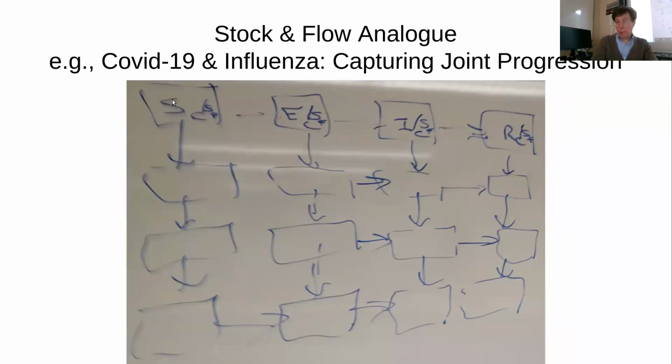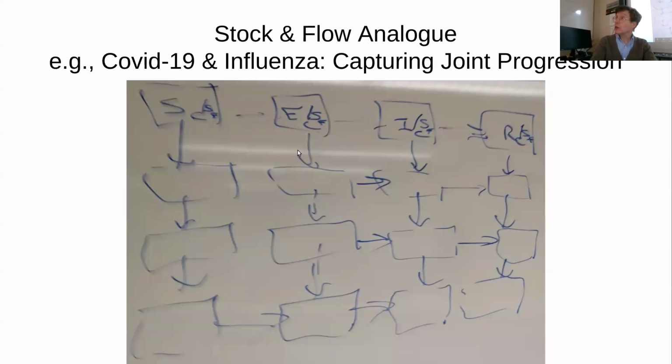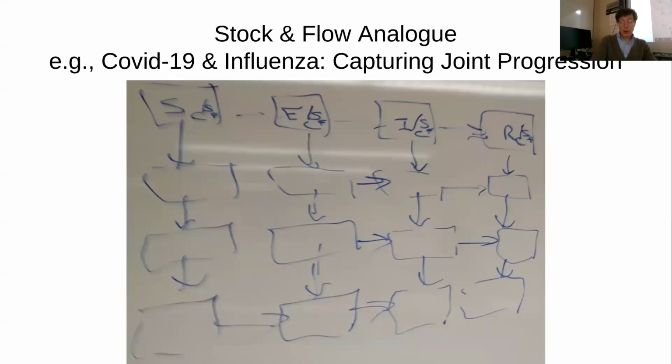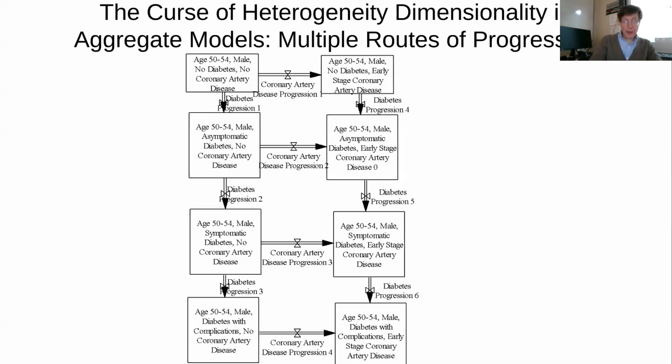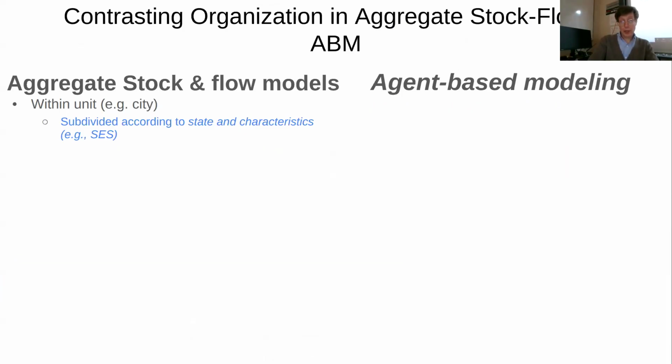In this direction, they're progressing in COVID, but staying the same with respect to their influenza status. So here, we have dealt with the curse of dimensionality. We have to deal with combinations of things in a way that's very different from state charts put side by side.